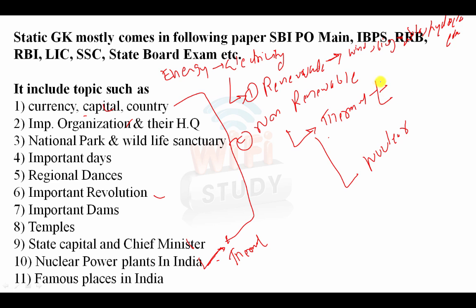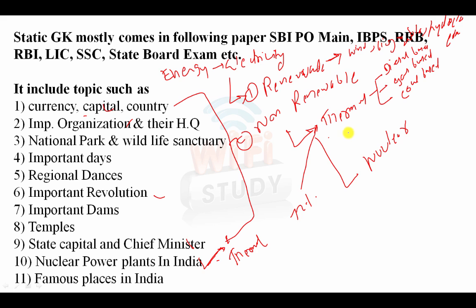Thermal electricity is the major source of electricity for India. 72% of our total energy is made by thermal. There are three types of thermal power plants: diesel based, gas based, and coal based.